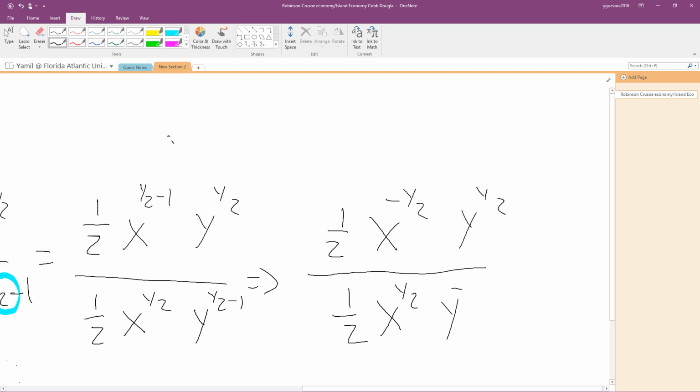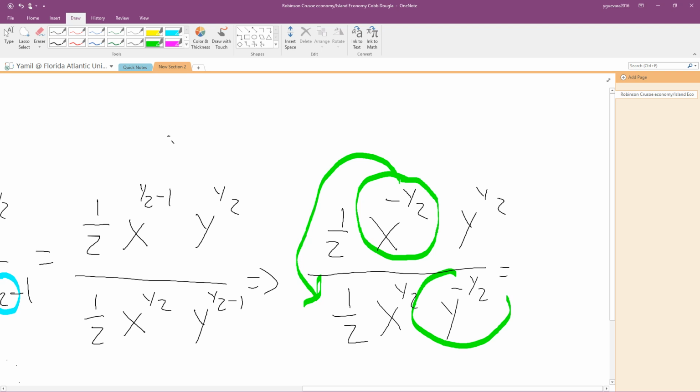Perfect. Now if you remember from algebra, we have negative powers here. So the way we make them positive is by bringing this variable x to the denominator, and bringing this variable y up to the numerator, and that's going to make those negative powers become positive.